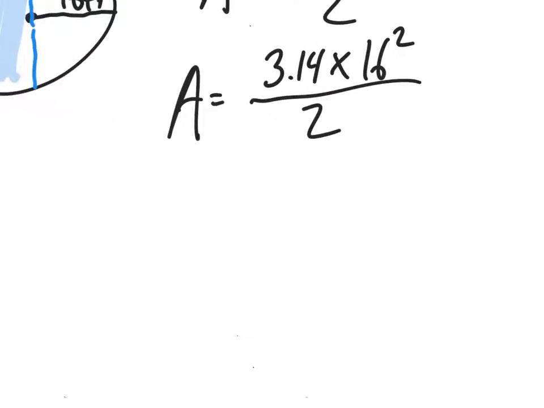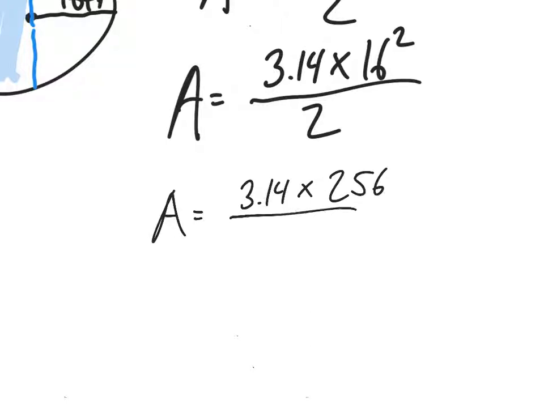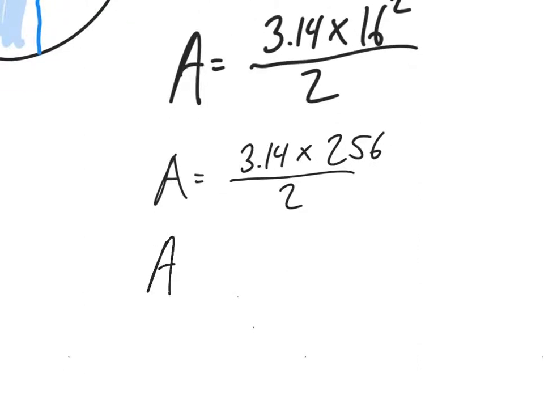So area, oops, that's a funny looking A. Area equals 3.14 times 16 squared, or 16 times 16 is 256. Still got to divide by 2 at the end. So now I'm going to do that 3.14 times the 256. And on the top part, I have 803.84.